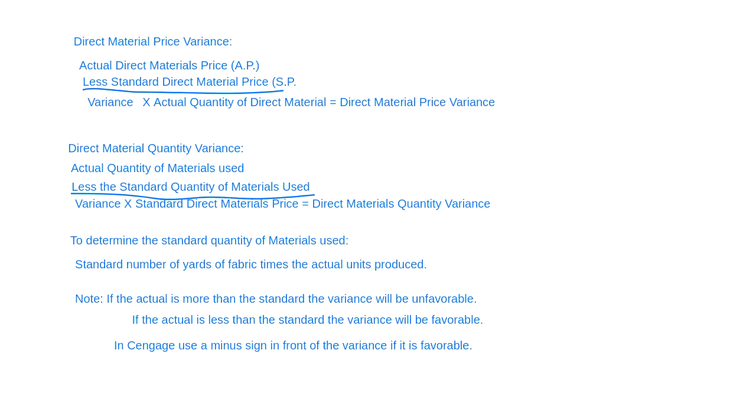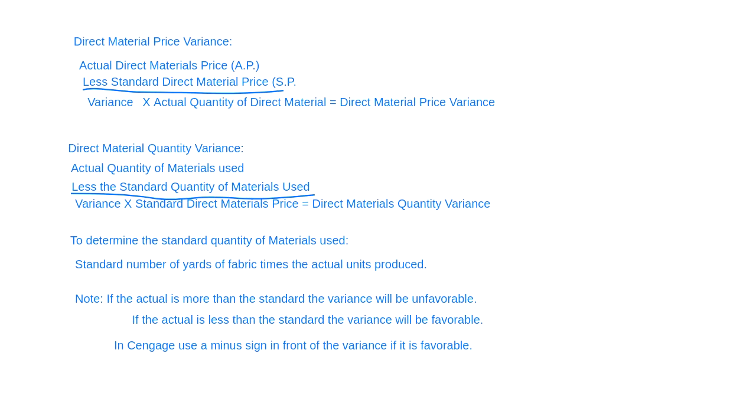If the actual amount is more than the standard amount, the variance will be unfavorable, as our notes tell us. If the standard amount is more than the actual amount, it will be favorable. Whatever the variance is, favorable or unfavorable, we will need to multiply that amount by the actual quantity of direct materials, and that will give you the direct materials price variance.